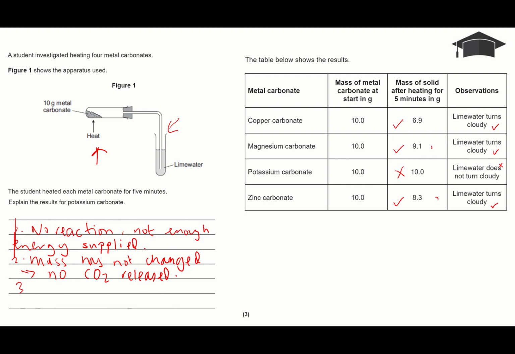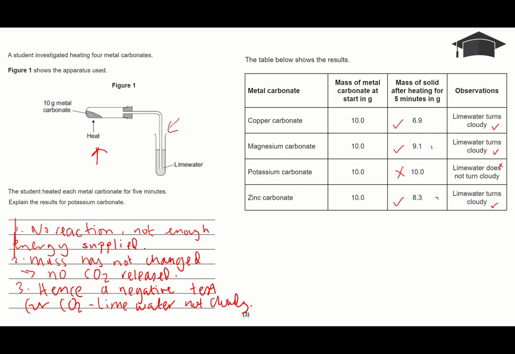So for the 3rd mark, we would say hence a negative test for CO2. And you can see the lime water is not cloudy. Okay, and there you go, that's your 3 marks.